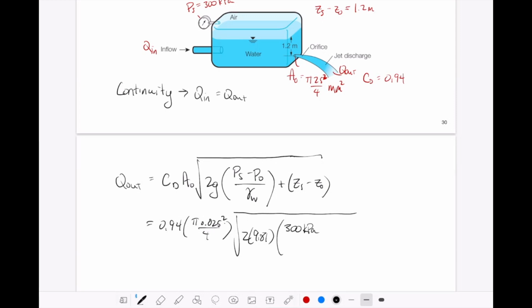What is the pressure at the orifice? What is our P0?